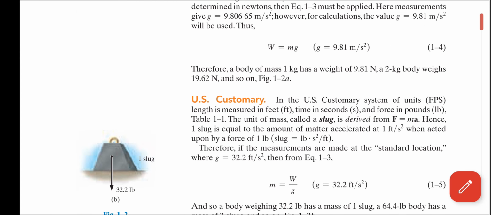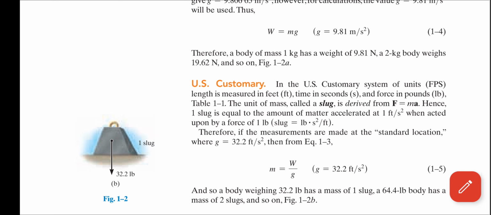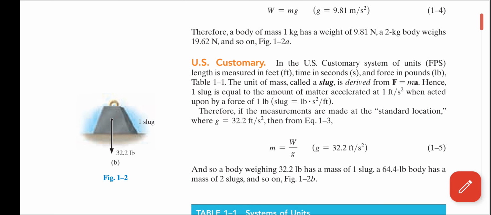Okay, but in US units, length is in feet and force in pounds. Here, the unit of mass is called a slug, which is the counterpart of the kilogram in SI units.